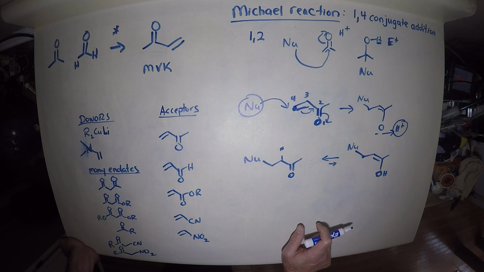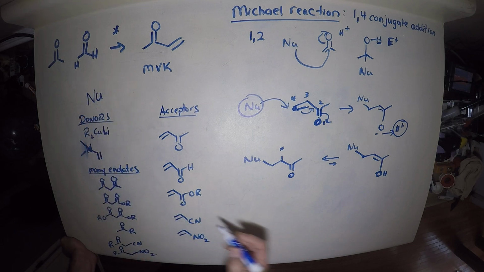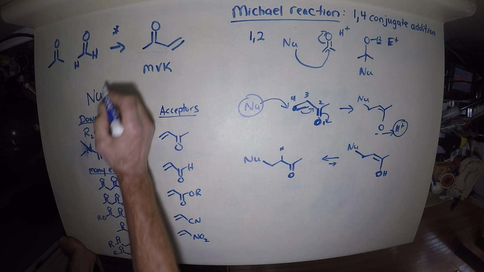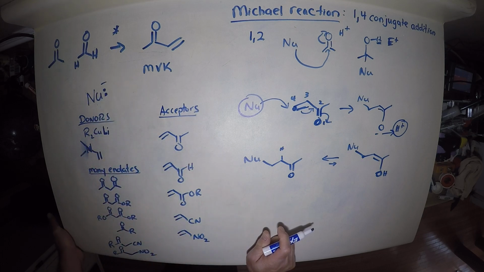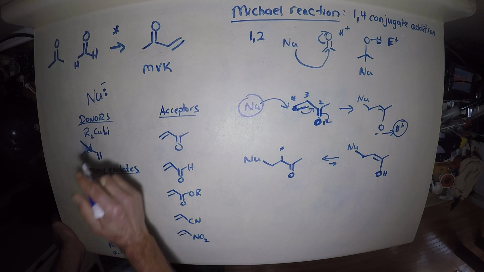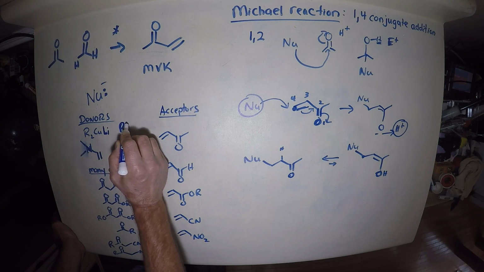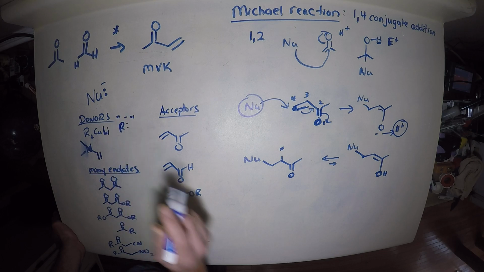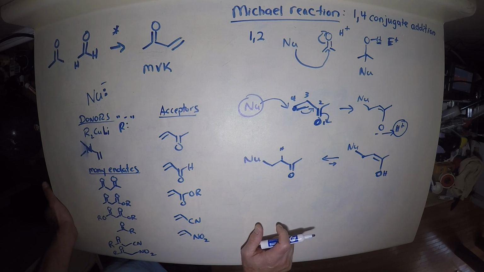To be a good Michael donor, you have to be nucleophilic, and we've seen many nucleophiles. Some of them are just nucleophilic because of a lone pair. Some also have a negative charge. Recall the Gilman reagent, where we have an R as a nucleophile, and the R group is an organic carbon-based molecule.